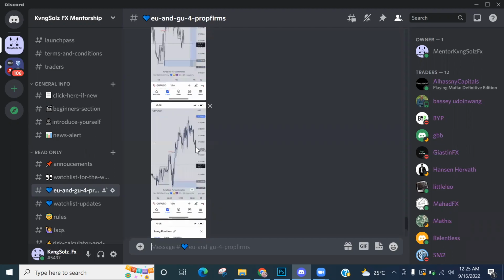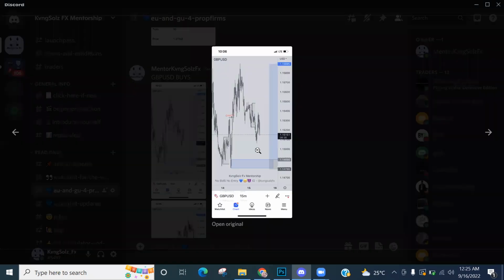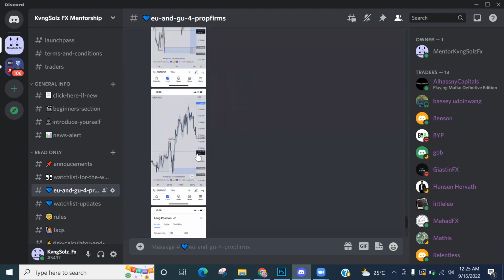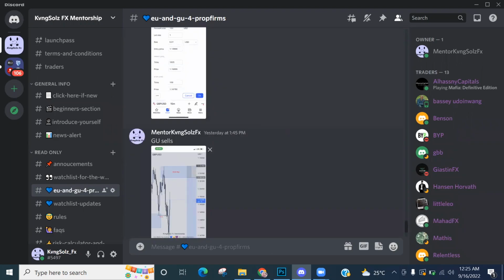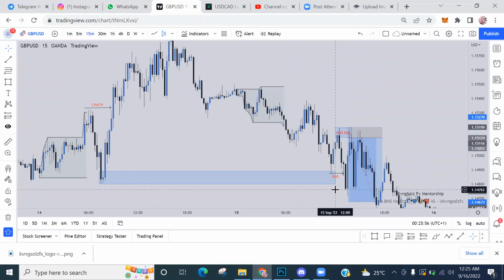This was the buy signal we wanted to trade off from, and see the time here, 10 a.m. I sent it, and then we got stopped out. It actually gave us decent profits at first, and then I saw the stop loss hit, and immediately I knew what this flip zone could do.